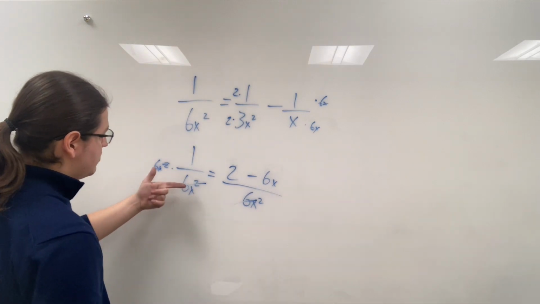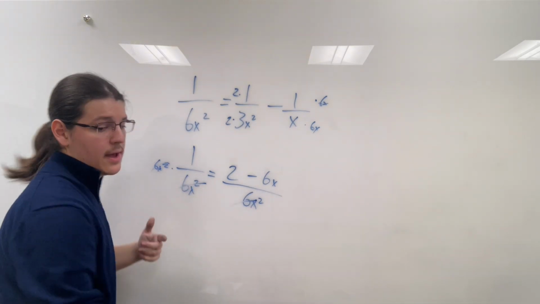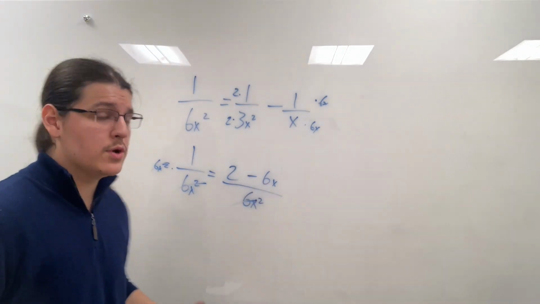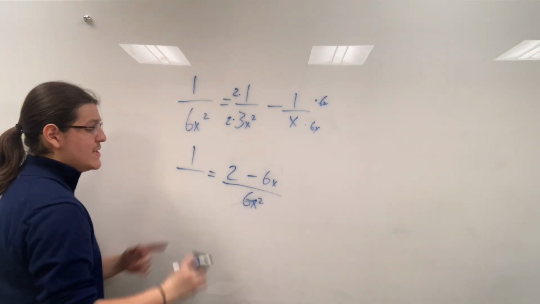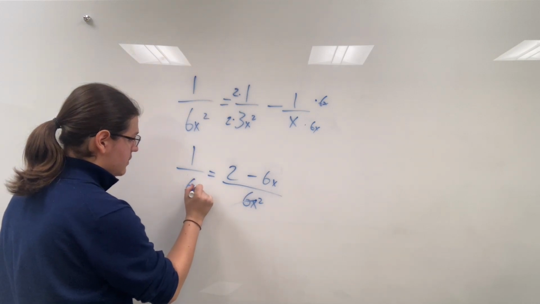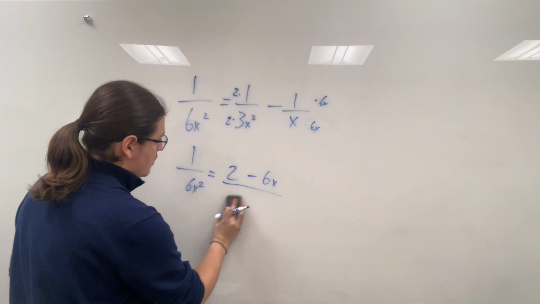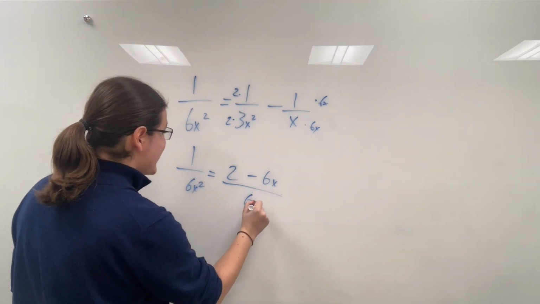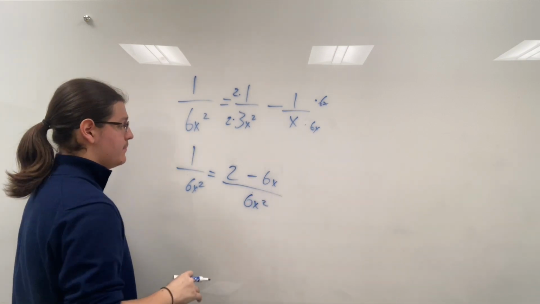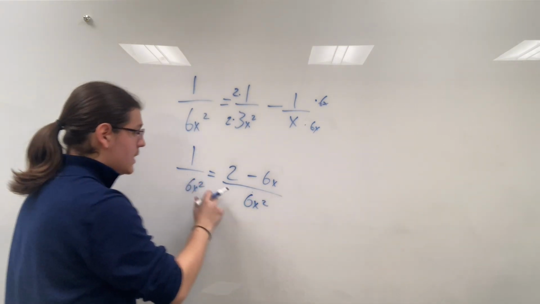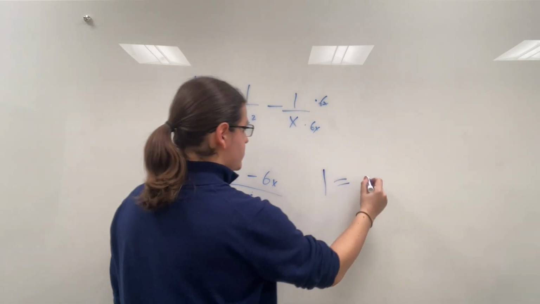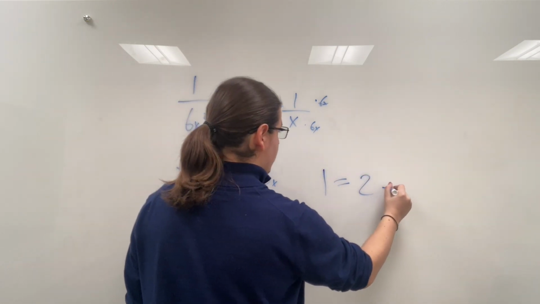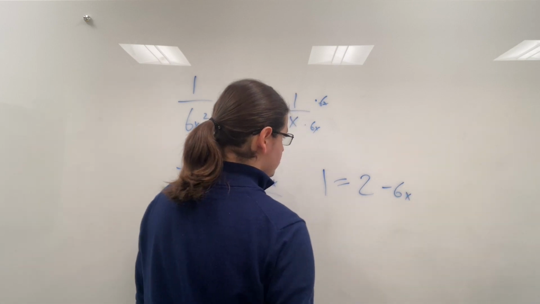That's why when we're working with rationals and we get that common denominator, we can just ignore it. So this then just becomes 1 is equal to 2 minus 6x.